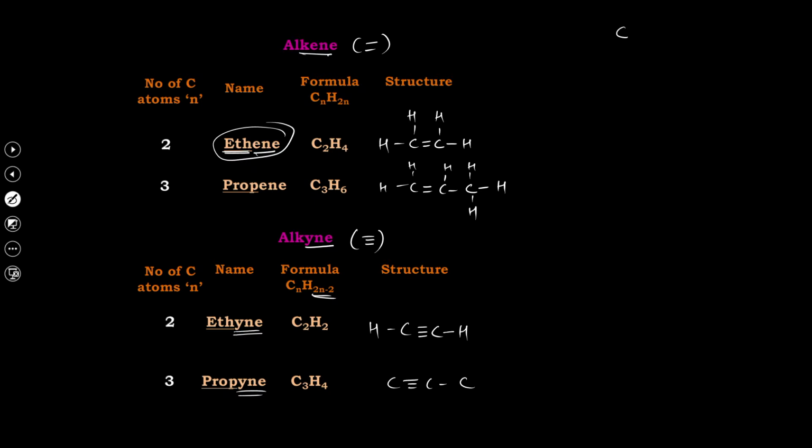It is present, I have made it. Now, this carbon has 1 valency left, so it will form a bond with a hydrogen atom. This carbon's tetravalency is completed, and the last carbon has 3 bonds more to form, so it will combine with hydrogen. So, this is the structure of propyne.